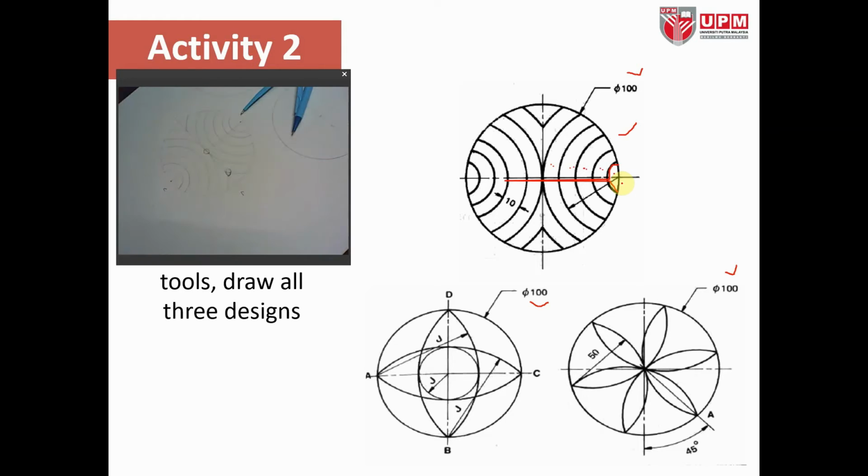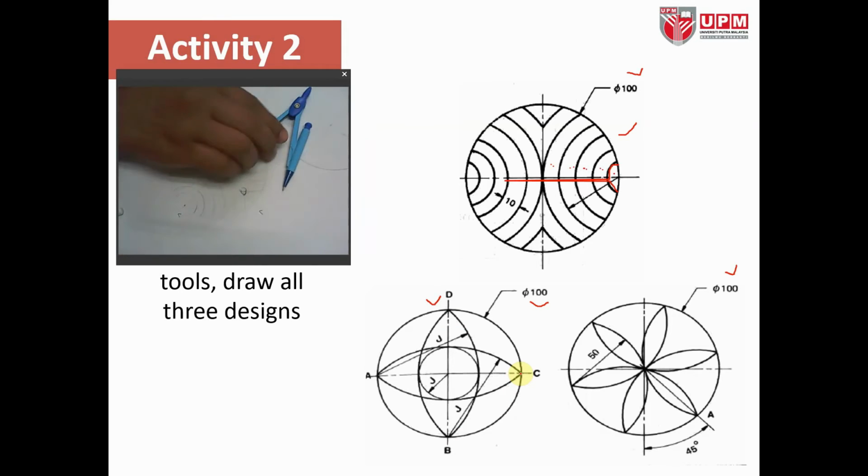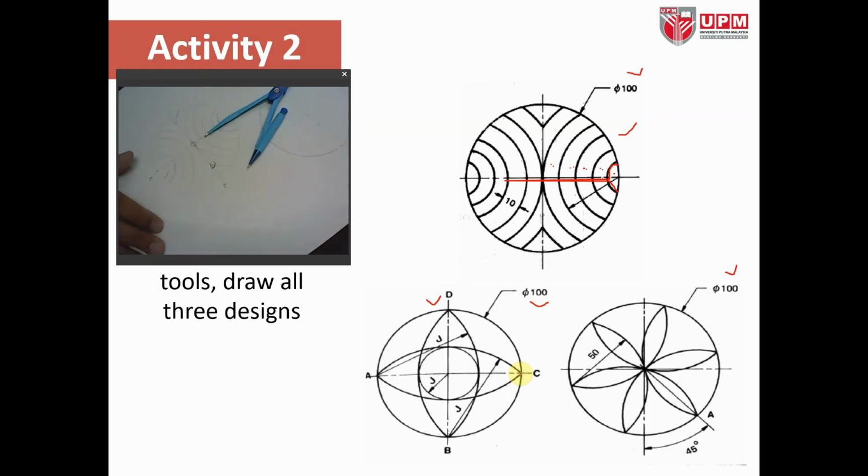Okay, now we are going to do the second circle, which is this one. You can see here we are going to start from point B, and then we are going to move the compasses to here. Okay, so this is the circle.